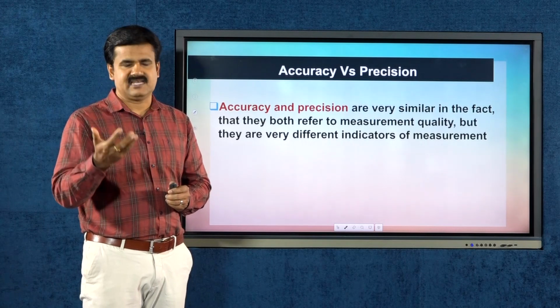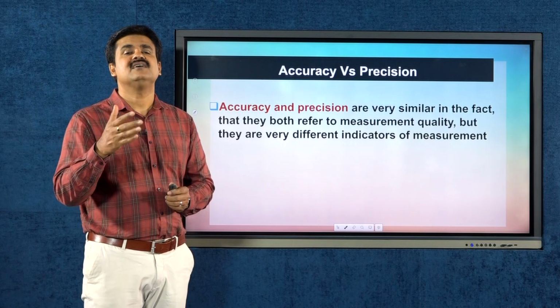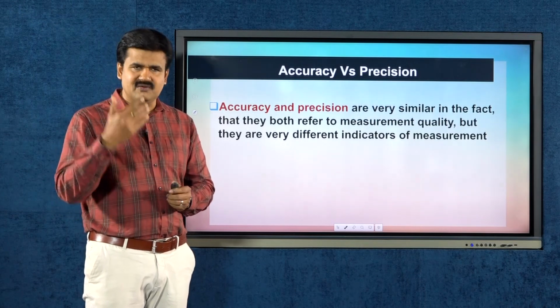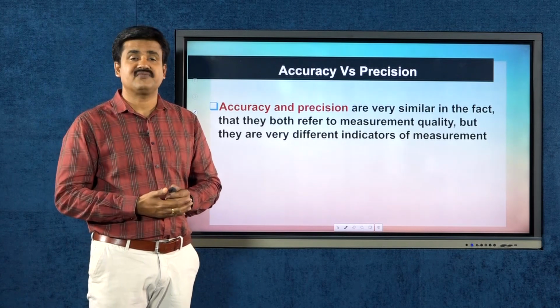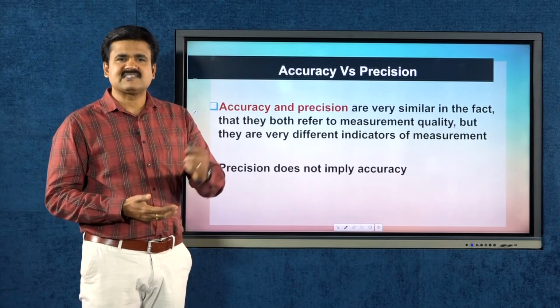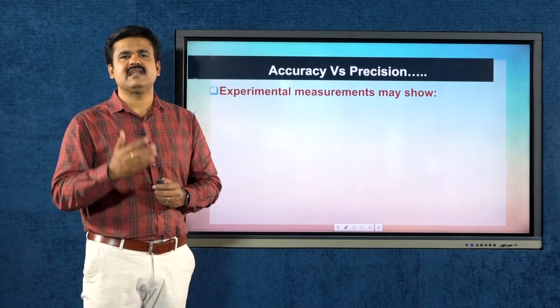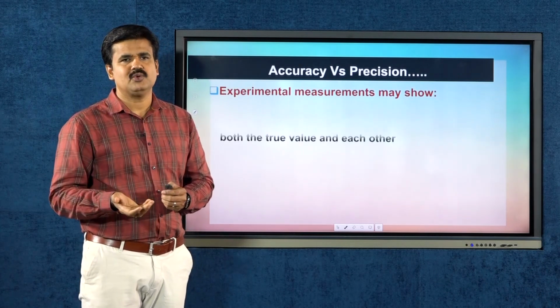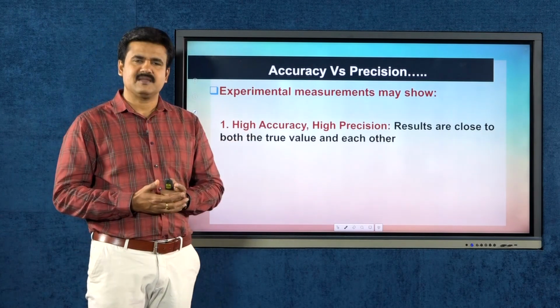Precision indicates reproducibility of the measurement. However, accuracy simply represents the correctness of the measurement. Precision does not imply accuracy. Experimental measurements may show, as the first possibility, high accuracy as well as high precision.